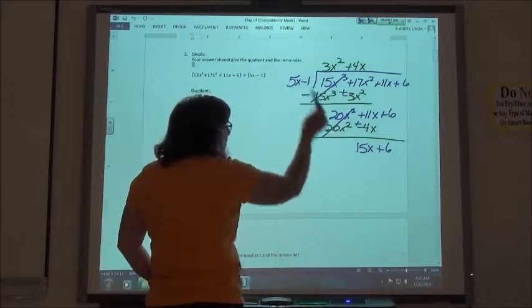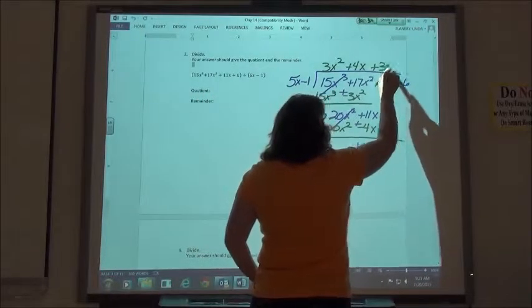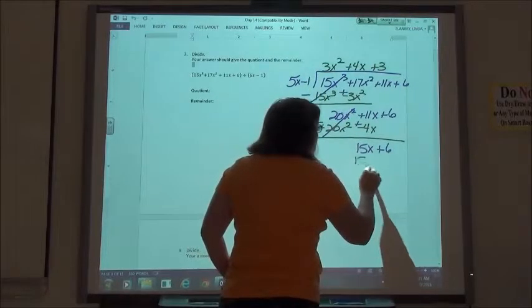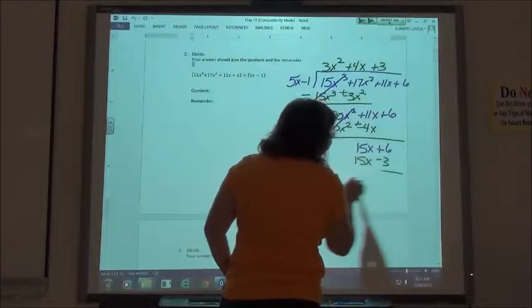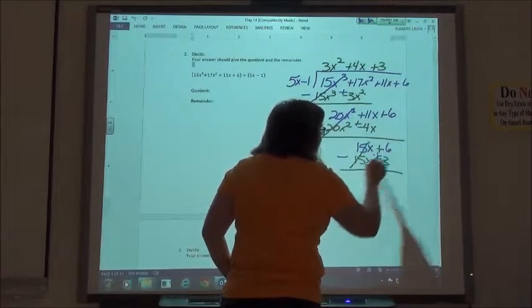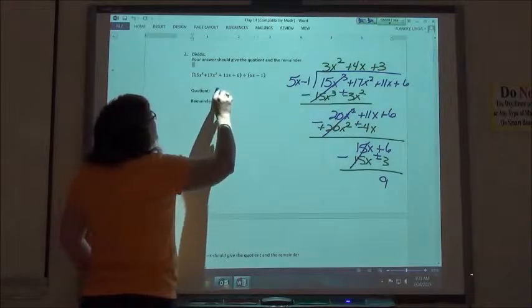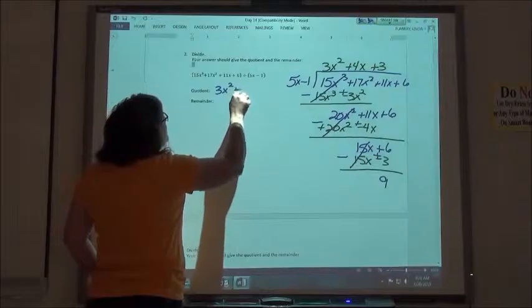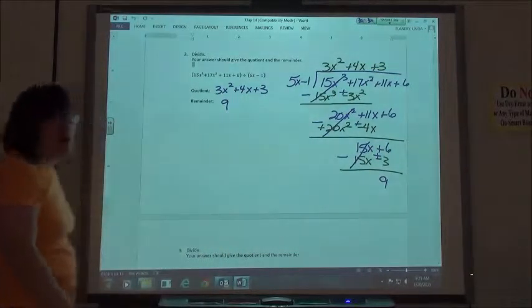So what times 5x gives me 15x? I need a plus 3. 3 times 5x is 15x. 3 times minus 1 is minus 3. I have to subtract, so I change my signs. And hey, again on this one, the remainder is 9. So my quotient, 3x squared plus 4x plus 3, my remainder is 9.